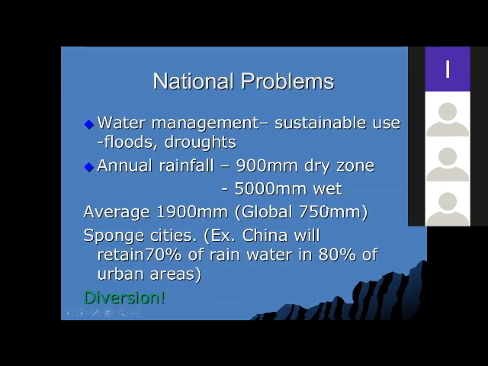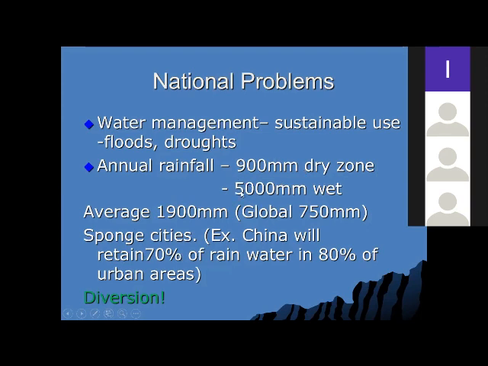So let's look at the rainfall, for example. We need to manage our water sustainably, because floods and droughts are there. Therefore, if you can manage it somehow, like in the Kings' time, it will be a useful thing. Now, if you take rainfall, in the dry zone we have about 900 millimeters of rain per year, annual rainfall.